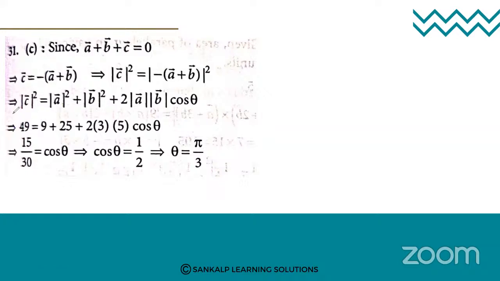So when we substitute, we get 49 is equal to 9 plus 25 plus 2 into 3 into 5 cos theta. On simplifying, we get cos theta is equal to 1 by 2, and we know theta for which cos theta is 1 by 2 is pi by 3. So the angle between a and b will be pi by 3.